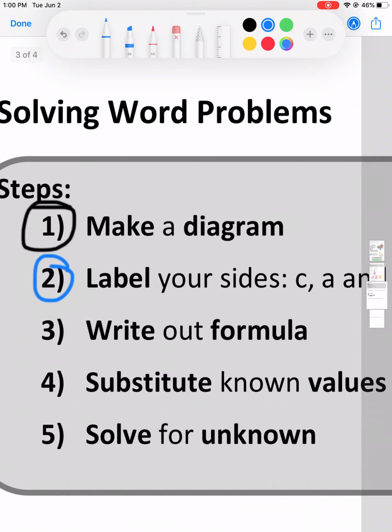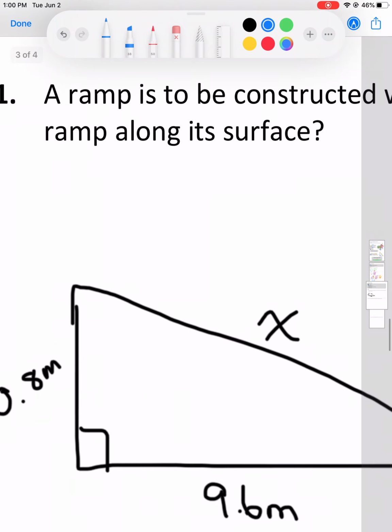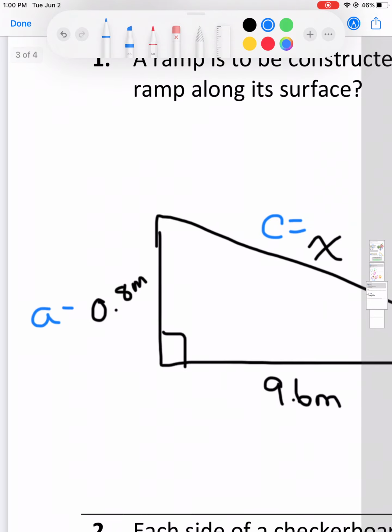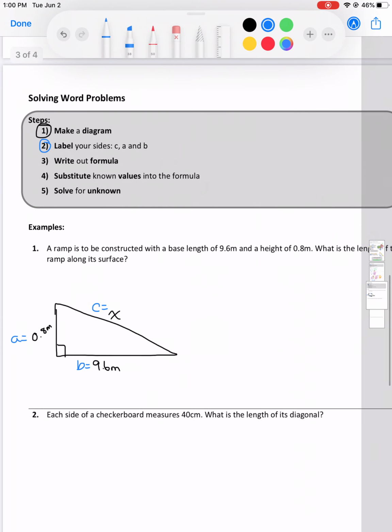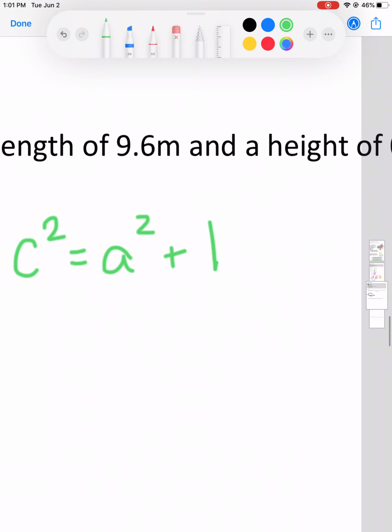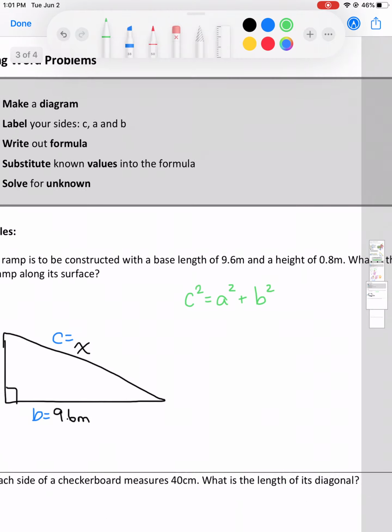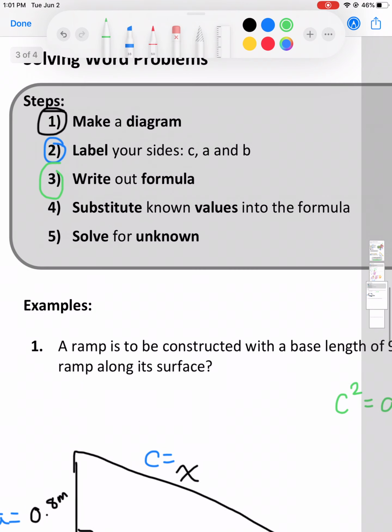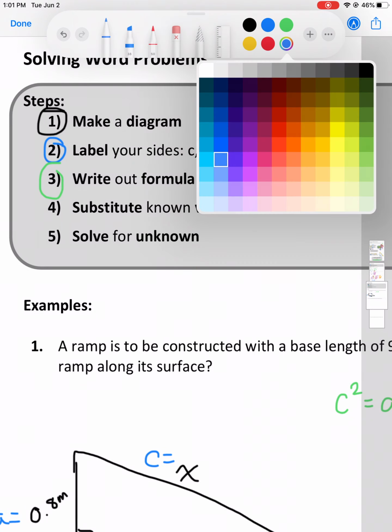Okay, we can do that. We know that this is C. We can make this our A, and we will make this our B. Sweet. Write out the formula. Sure, I can write out the formula. Substitute known values into the formula.